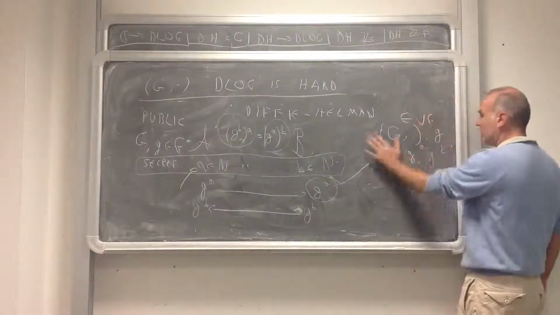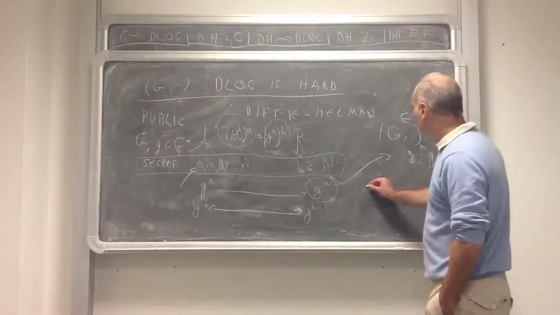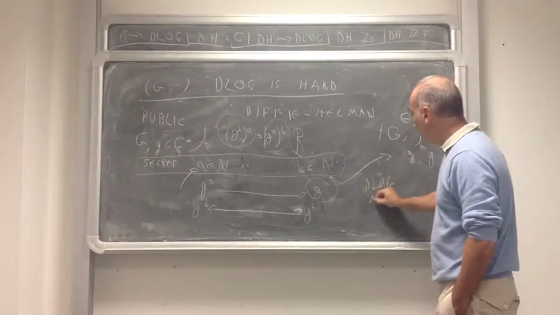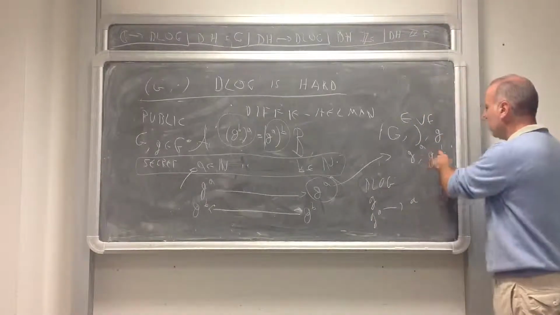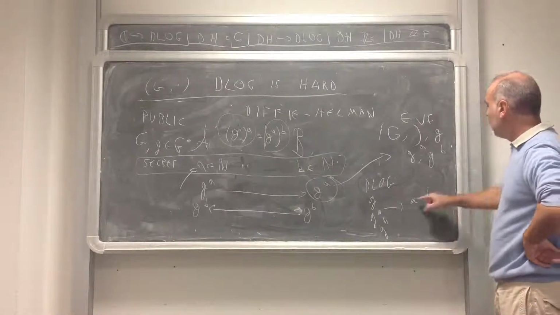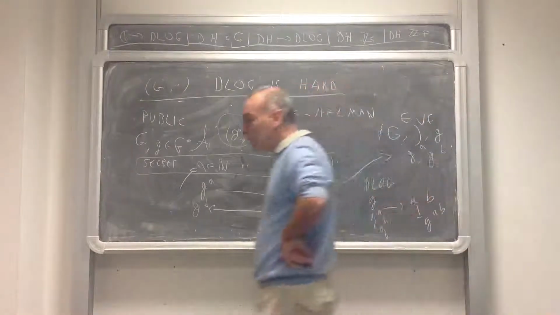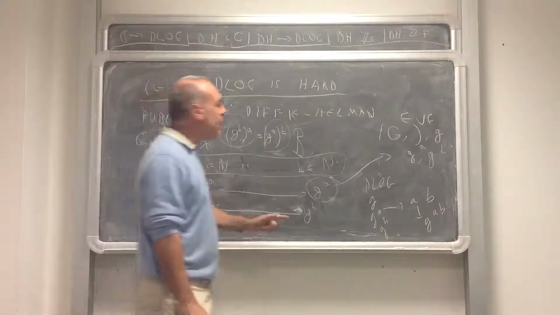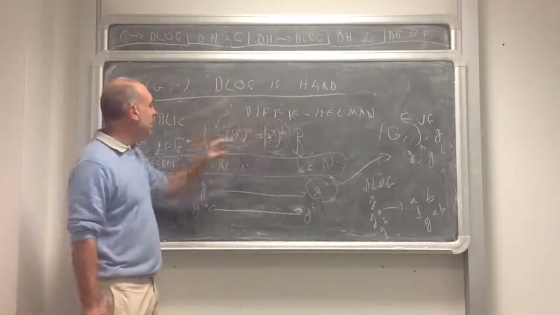Eve knows everything, G, G to the A, G to the B, but not A, not B. By the D-log, if Eve can do D-log from G and G to the A, Eve gets A, and then gets B. With A and B, Eve gets G to the AB. But the problem is that in the group, the D-log is hard. So Eve is unable to get the common secret that Alice and Bob have.